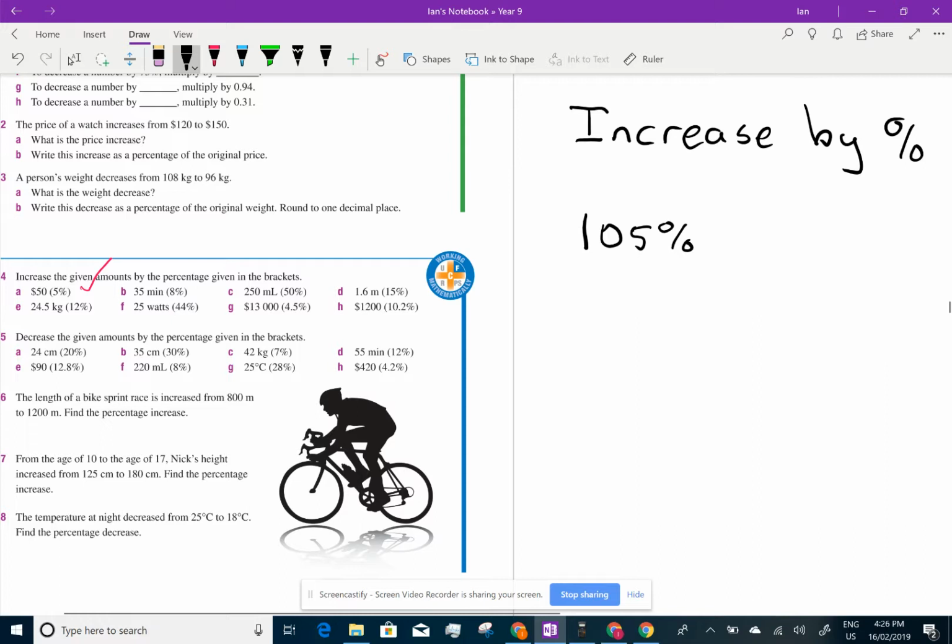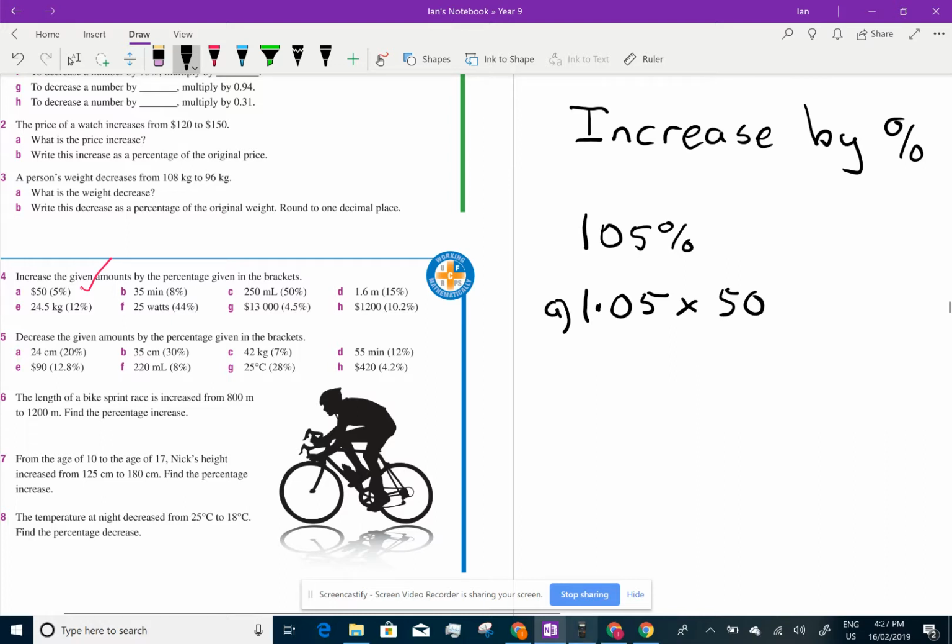And I want you to do that in your head. You need to be able to add the percentage to 100. And then you write it as a decimal, 1.05, times, and then you go the amount, $50.